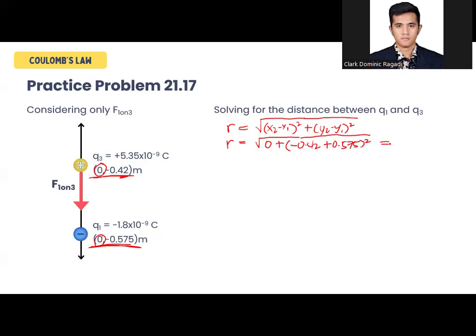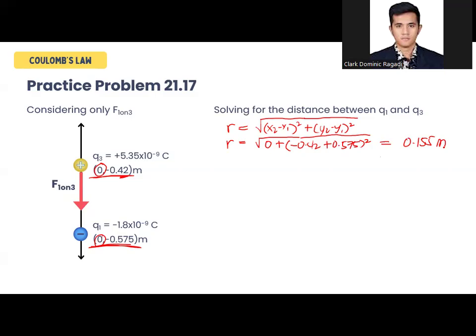So we have a distance of 0.155 meters. So that's the distance between the charges.